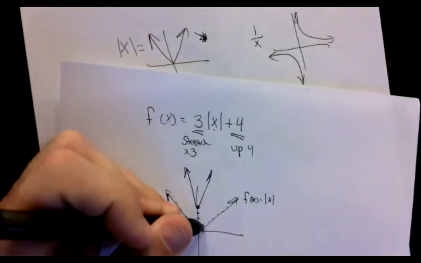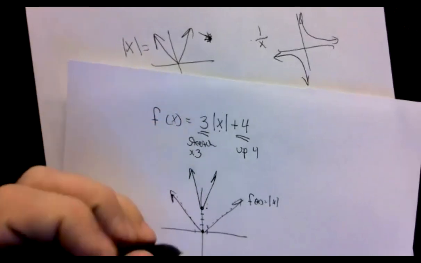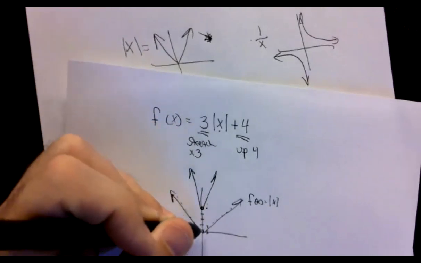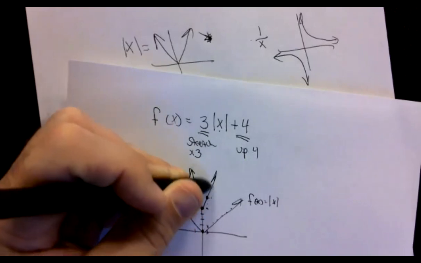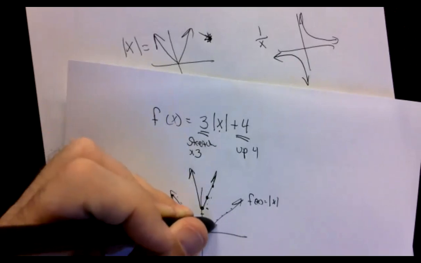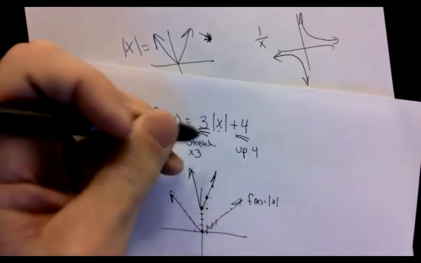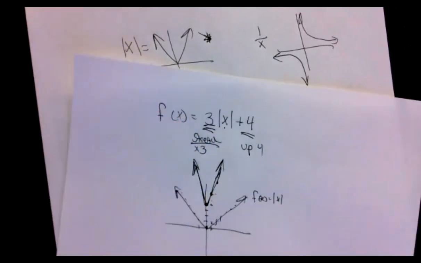So each point gets shifted up 4 units and you're multiplying it by 3. So instead of going over 1 and up 1, you would go over 1 and up 3. So each time you would go up an additional 3 units, like so. So again, that multiplier stretches the graph vertically.